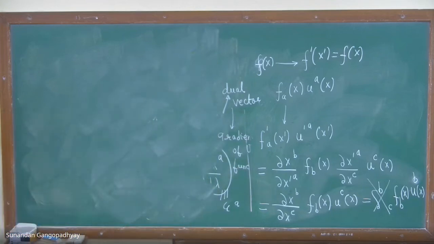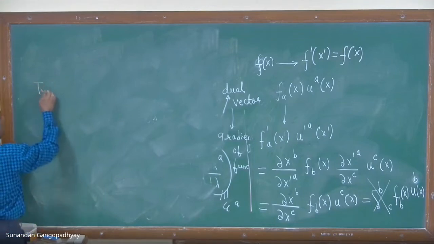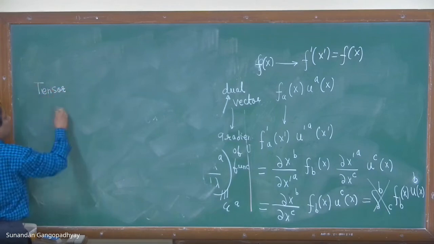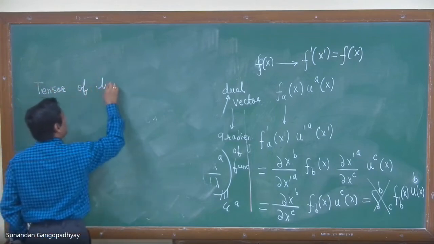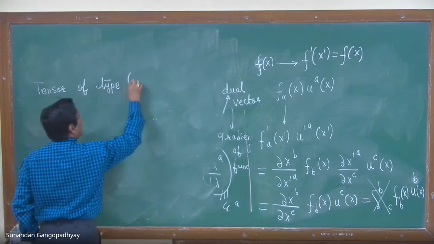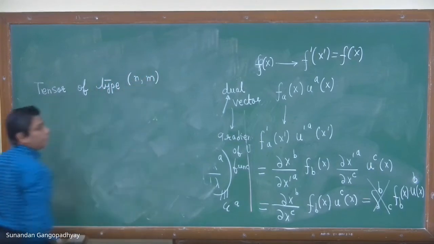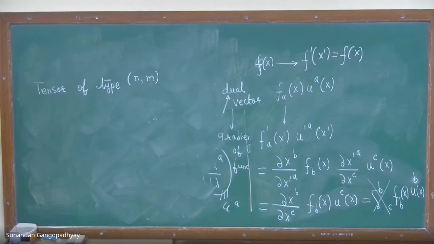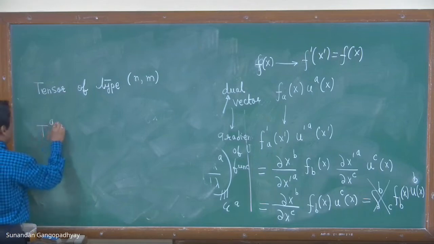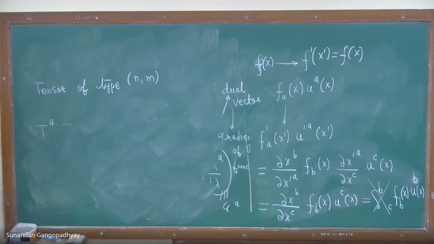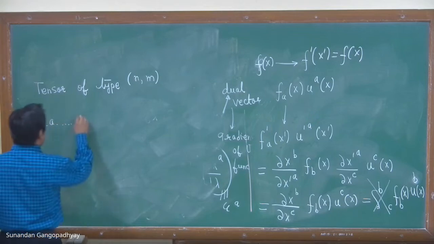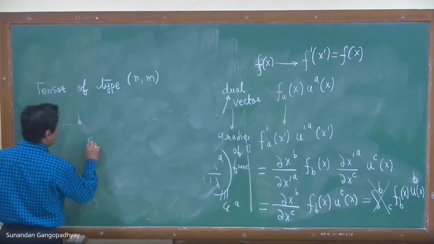At this point, we can just keep it in our notebooks, a tensor of type n, m. What is a tensor of type n, m? Let us consider a quantity T, with indices on top.